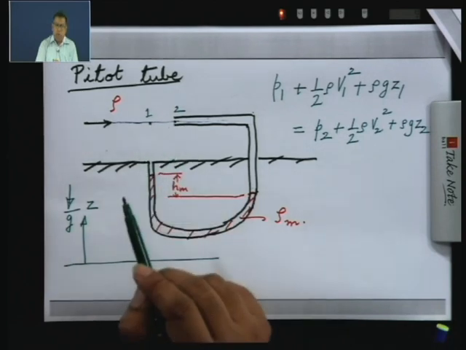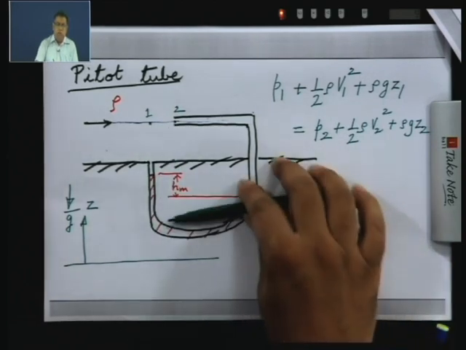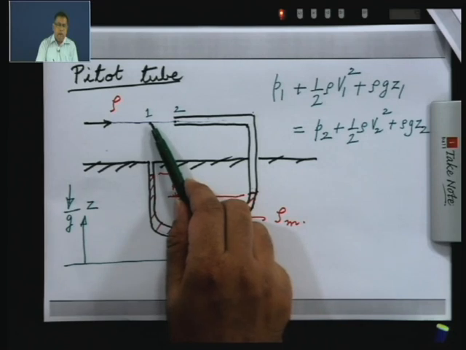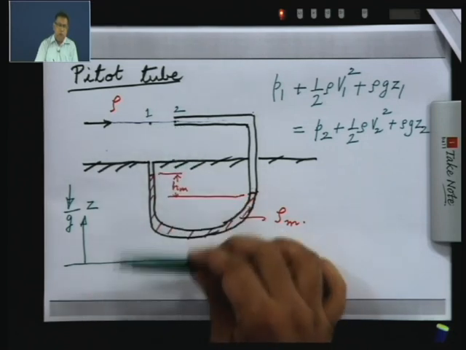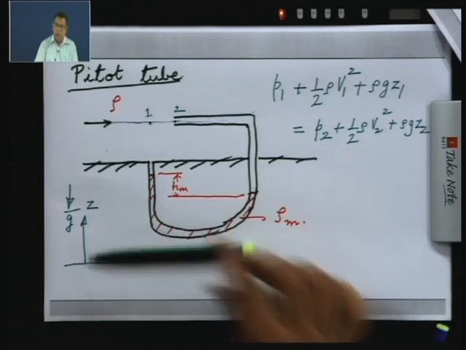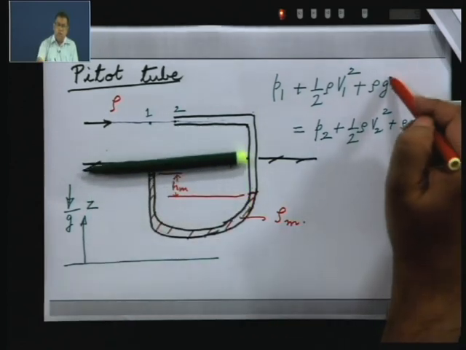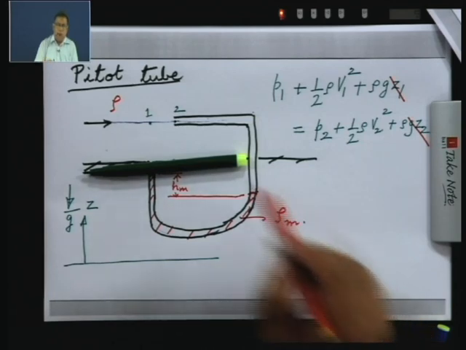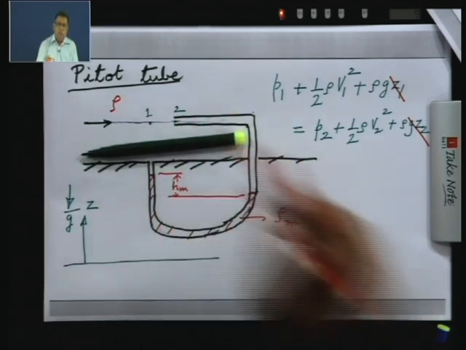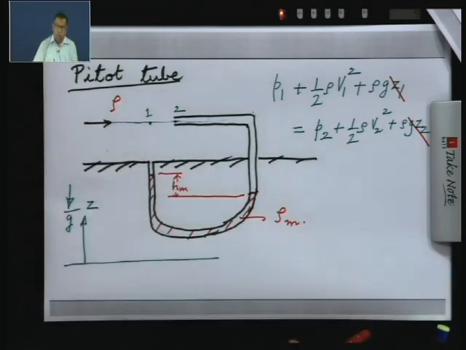1 and 2. Now, as you can see from this figure, the vertical height of points 1 and 2 above this datum are the same. So, z1 equal to z2. So, these two terms will cancel out. So, there is no change in potential energy, and the velocity at point 2 is 0.